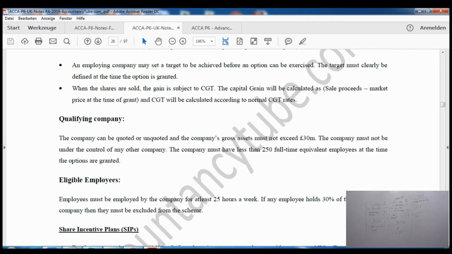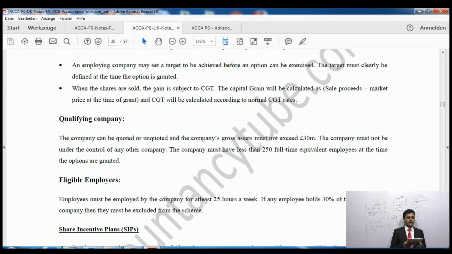Next one, it says an employing company may set a target. Obviously they will set some target, so may set a target to be achieved before an option can be exercised. The target must clearly be defined at the time when the options were granted. Now when the shares are sold, the gain is subject to capital gains tax, which is CGT.